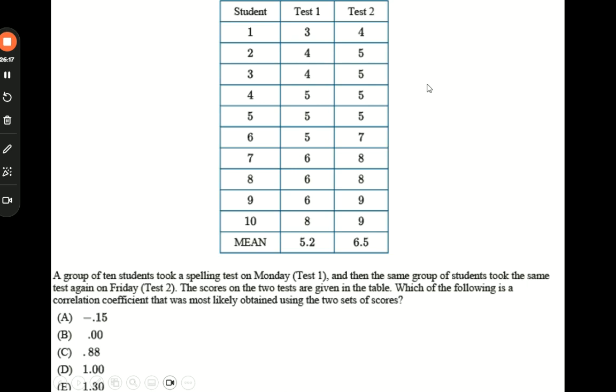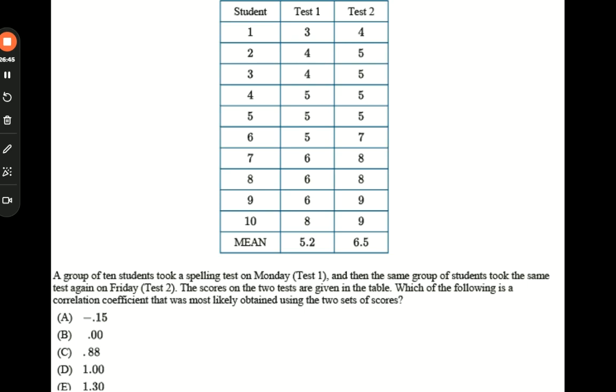All right, read that. So look at the data. Look at test 1 and test 2. Do test 1 and test 2 kind of look the same? Are they pretty close together? The answer is yes, since they are fairly close together, so you would have a fairly strong positive correlation.